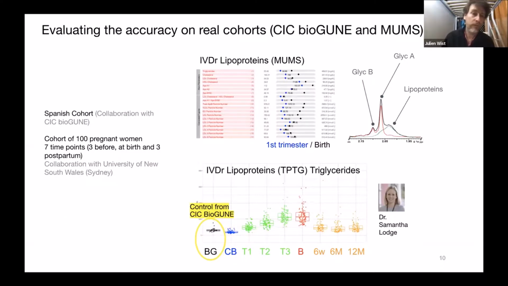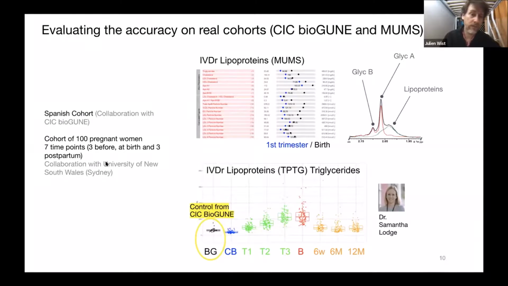So now how can we evaluate the accuracy of this strategy? We look for proper cohorts, I mean real samples where we can demonstrate the improvement in accuracy, and we've tested with 2 cohorts. So again, the Spanish cohort, which ended up very handy and helpful, because we've measured a lot of experiments on this cohort, where we have COVID patients and controls, and another very interesting cohort with 100 pregnant women and 7 time points.